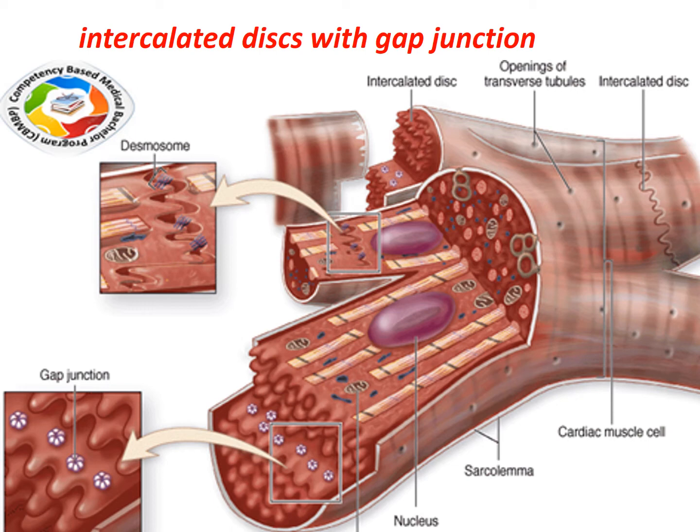This allows contraction of both atria at the same time and contraction of both ventricles at the same time, and this allows the pumping function of the heart, as all muscle fibers of both ventricles act as a single fiber, contracting together to perform the main function of the ventricles, that is, pumping of the 5 liters of blood at the same time.